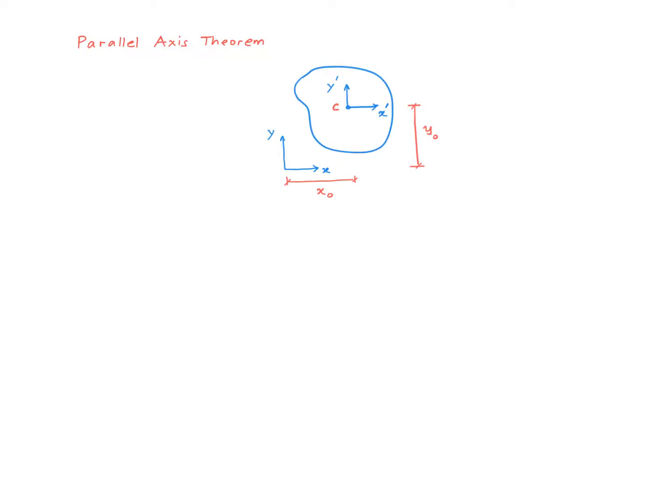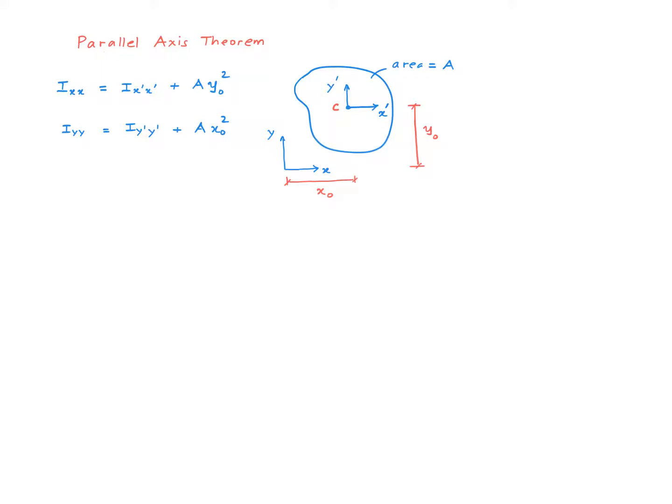Supposing, say, we have a cross-section like this, and we know the second moment of inertia of this cross-section about these axes, x prime and y prime, that go through the centroid. But let's say we need to find the second moment of inertias about these axes, x and y. You will see in a second why we need to do something like that. So the parallel axis theorem helps us do this. Say I'm interested in finding Ixx, right? So that will be the second moment of inertia about the x-axis, right?